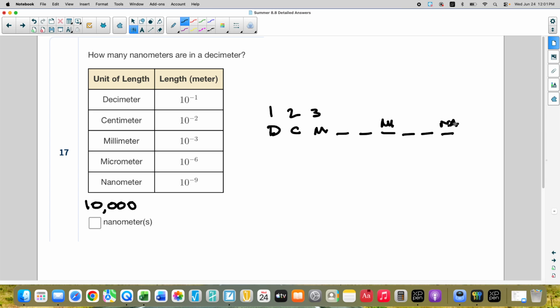So if we're going to go from a decimeter to nanometer, we're actually going to move it 1, 2, 3, 4, 5, 6, 7, 8 times. So here's my 1, and we will move it 1, 2, 3, 4, 5, 6, 7, 8 times. Add the zeros this time.